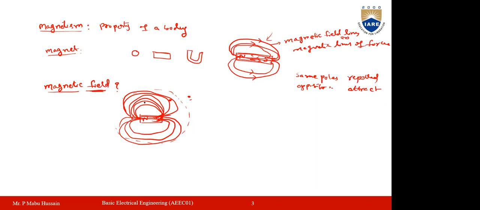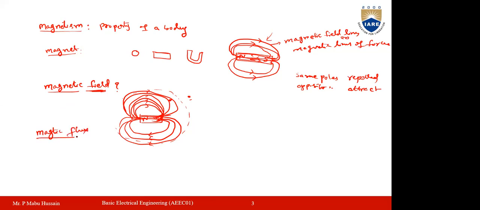That space is entirely represented with these lines of force, and because of that, you can also call the magnetic field the total number of magnetic lines in a particular space.